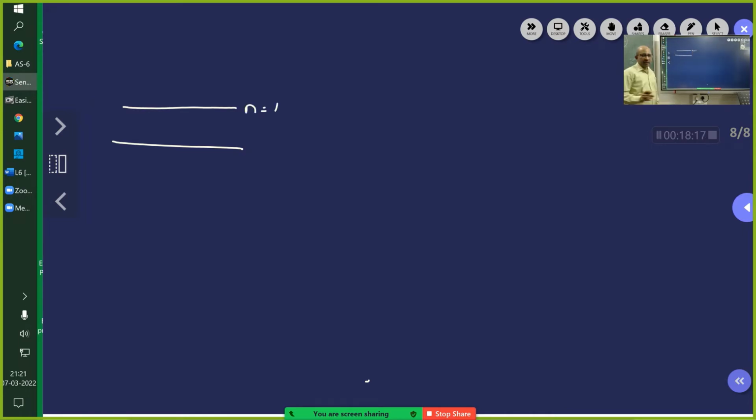The question is to find the quantum number n corresponding to the helium plus ion. Helium plus ion means Z is equal to 2, correct? That is basically what we have got, and it is a helium ion.